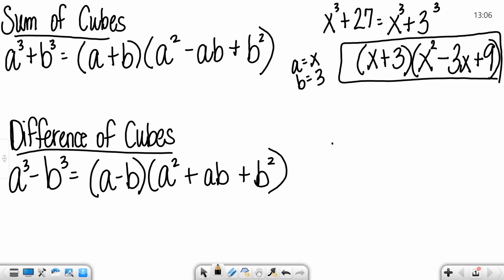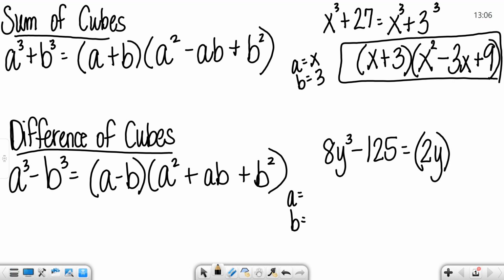All right, let's do a difference of cubes. Again, I first have to recognize that these are cubes, which is sometimes a hard part. And so I've got to decide what is A and what is B. Well, if I rewrote this to say 2y cubed, because 2 cubed is 8 and y cubed, minus 5 cubed.